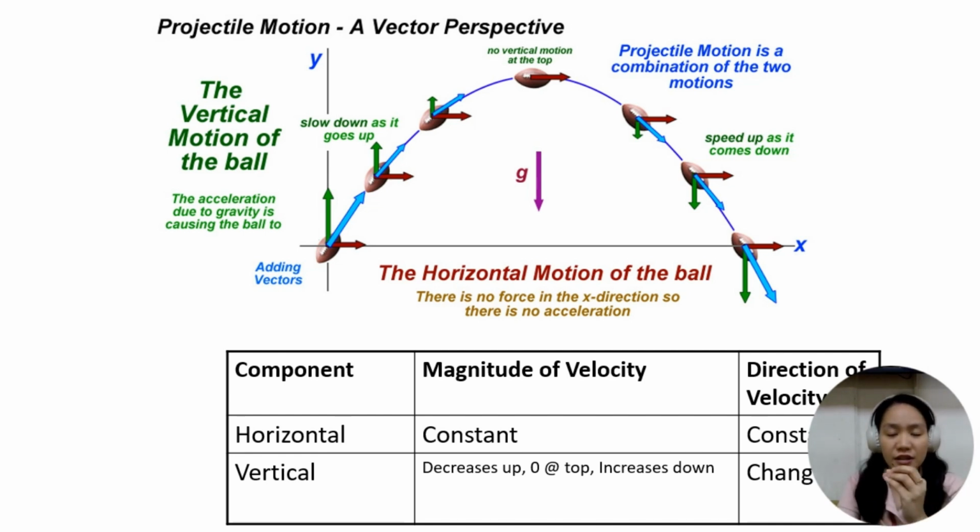But in the second half of the trajectory, you'll see the green arrows pointing down this time, and the arrows seem to get longer and longer. This tells us that the object is speeding up as it comes down. Again, remember that acceleration due to gravity plays a role in this.